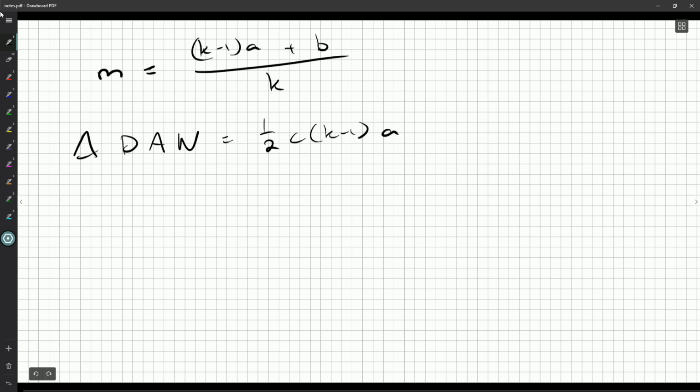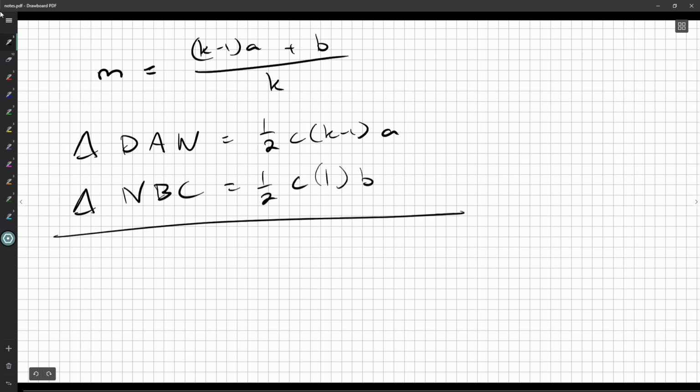There's that K minus 1 A. Now we've also got NBC, and that'll be 1/2 NC. NC was just the little thing we called C, so C times 1, I guess you could say, B. And if I add those up, I get 1/2 C, and then you'll get K minus 1 A plus 1 B.